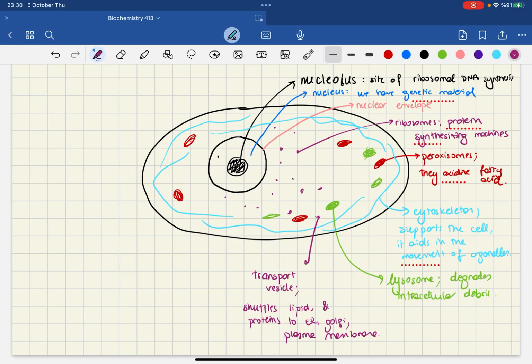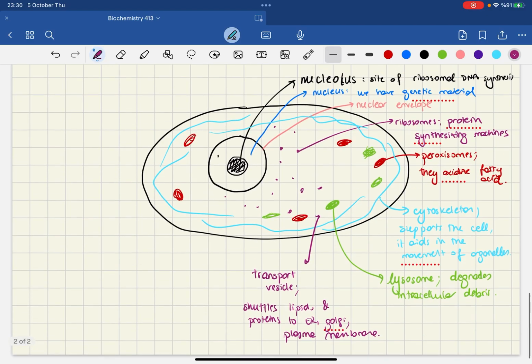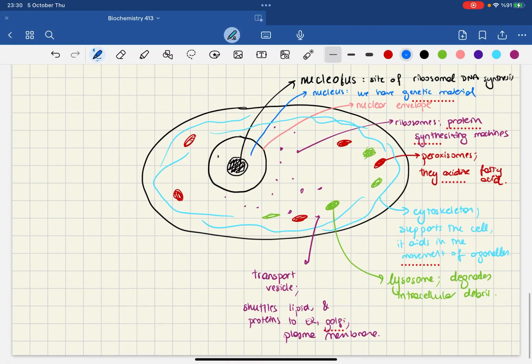All right, great. And then we have a Golgi complex, which is something like this. It has a weird shape. This is our Golgi complex. All right, it processes, packages and targets proteins for other organelles.